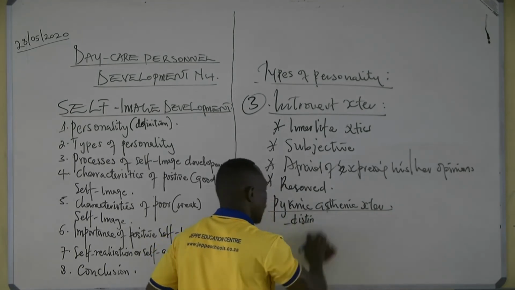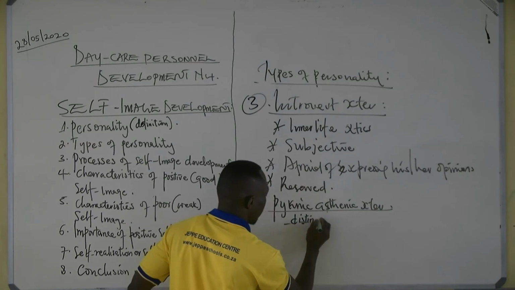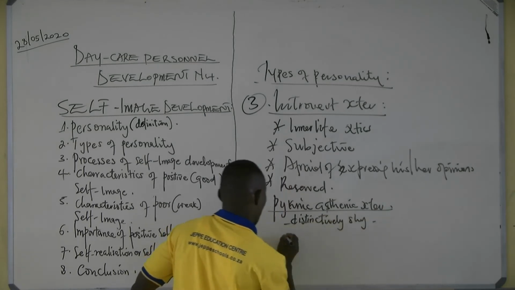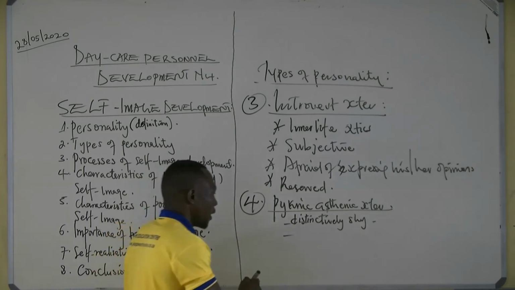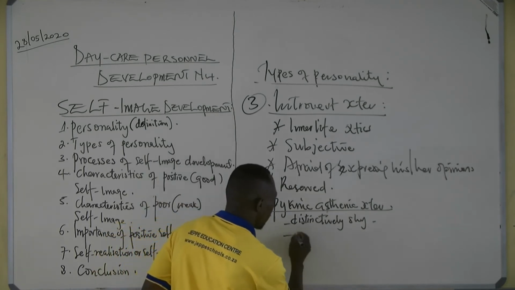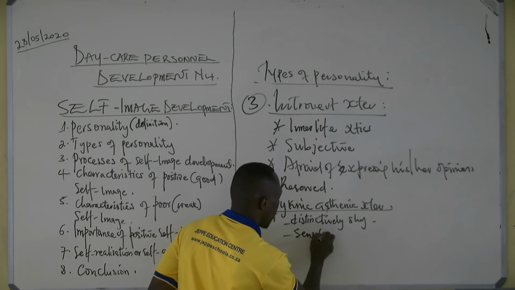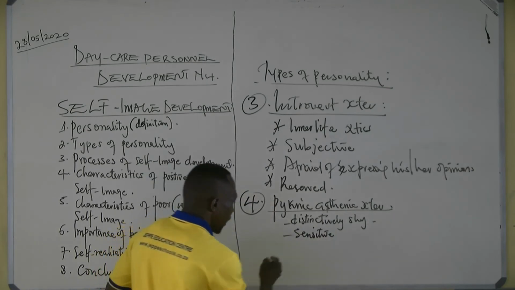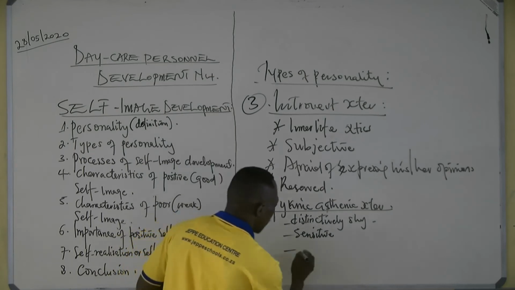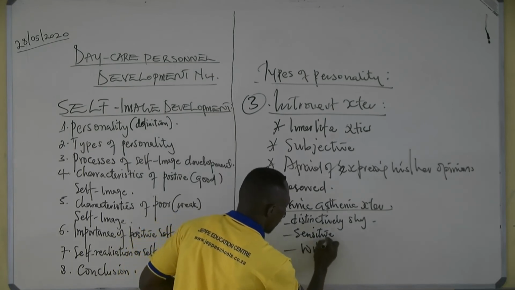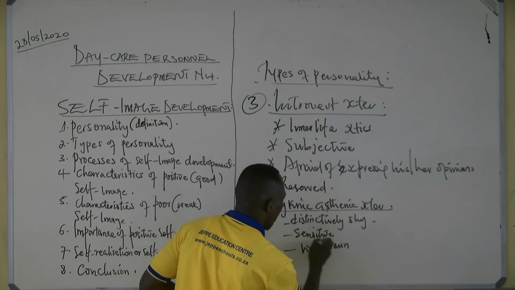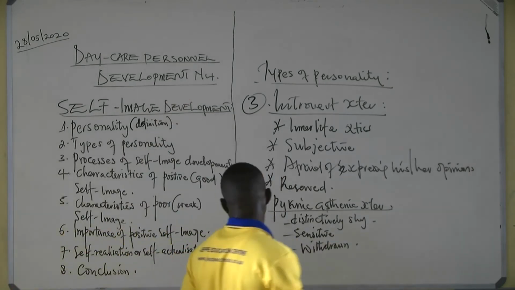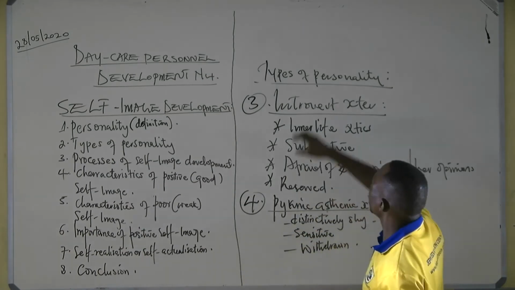In most cases, these people are distinctively shy. Then these people are also seen to be so sensitive to whatever is happening to them and around them, and also these people are always seen to be withdrawn.